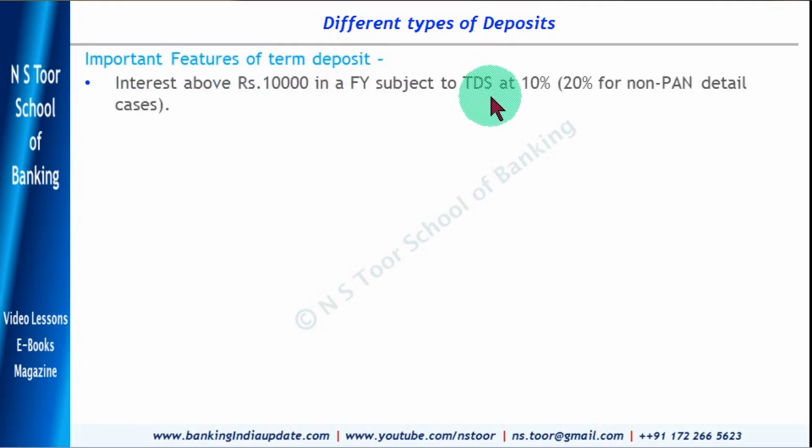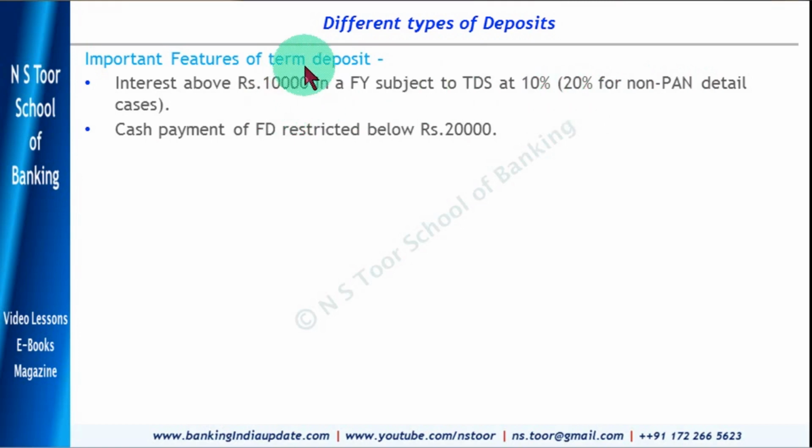This rate of TDS is 10% of interest paid. Now here, this amount of rupees 10,000 includes not only fixed deposit but also recurring deposit. If the customer does not provide permanent account number details, then the rate of TDS shall be 20%.